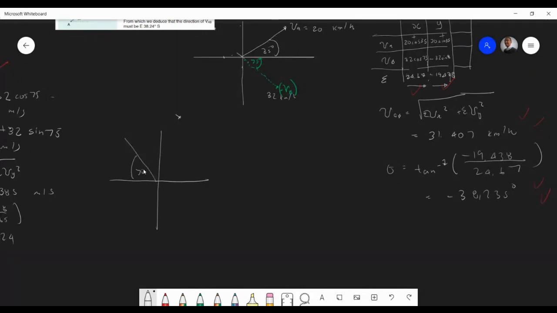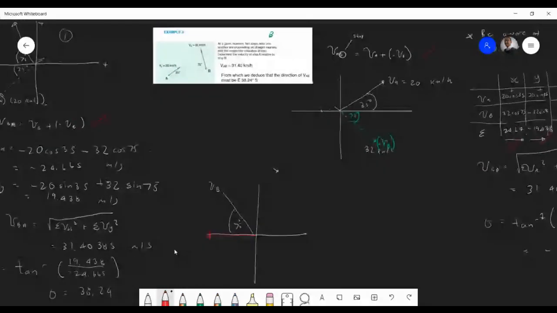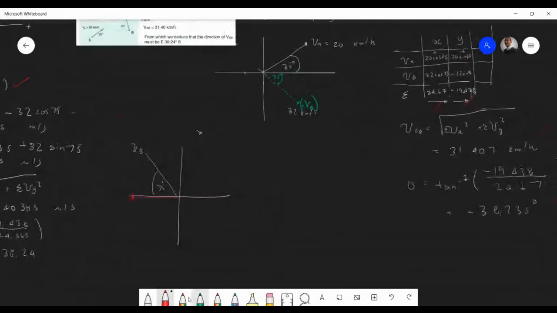What is VB's value again? It was 32, right? So that's 32 cos 75. And split the other one, and that's 32 sine 75.